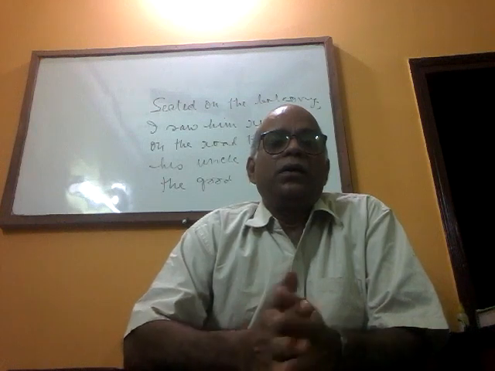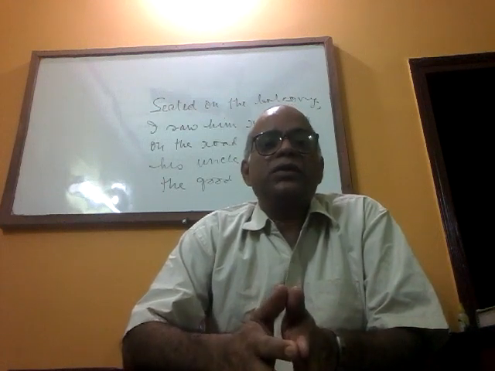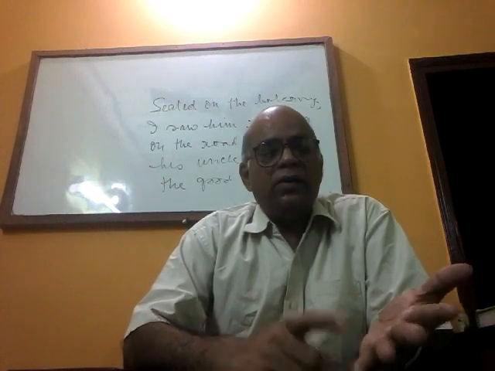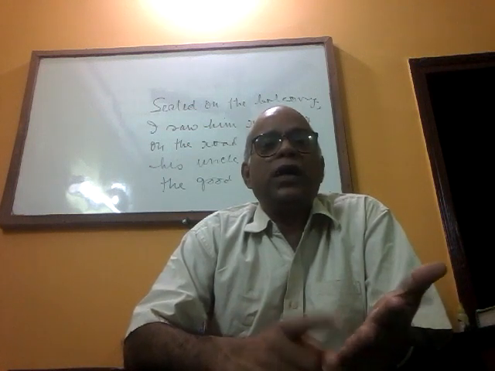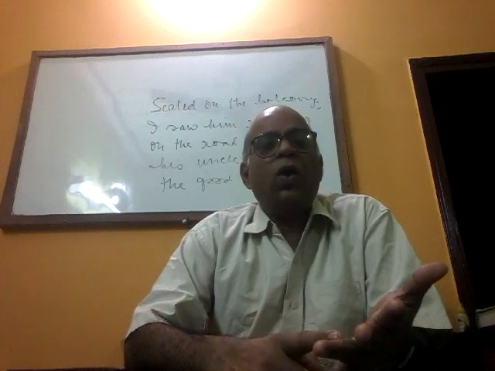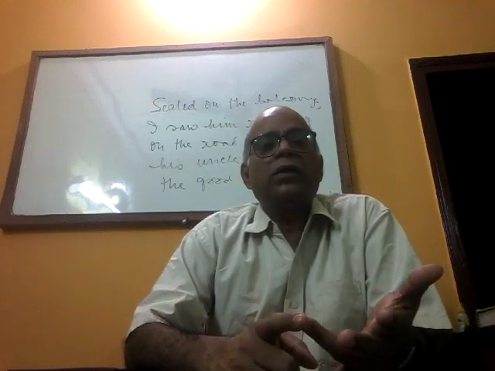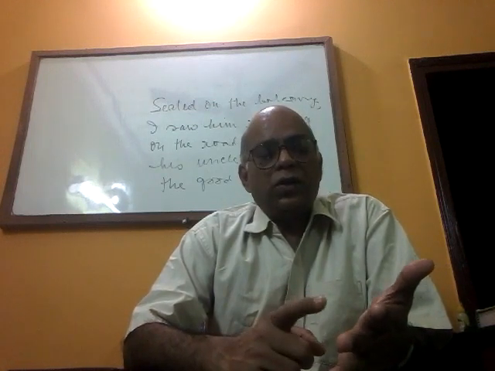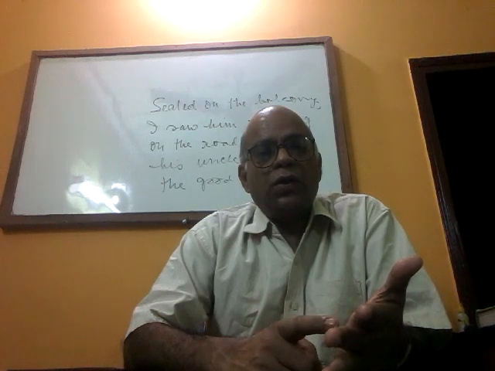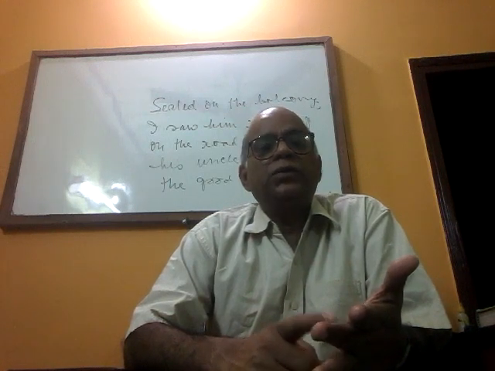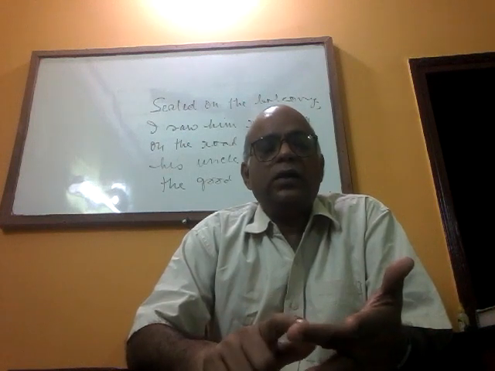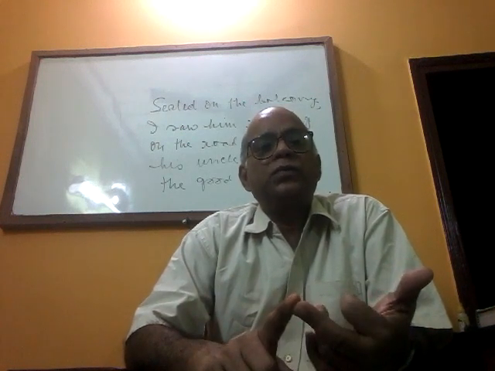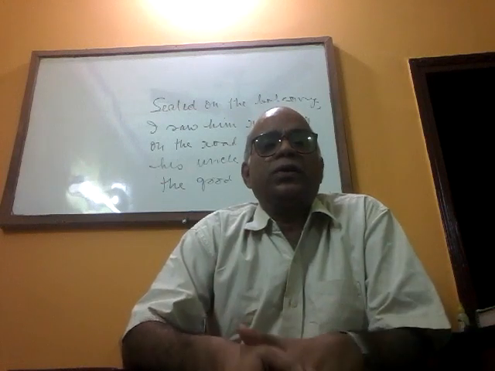So coordinating conjunctions are, you may write down if you want: and, or, but, so, therefore, for, else, otherwise, on the contrary, then correlatives like either or, neither nor, not only but also. These are the coordinating conjunctions.